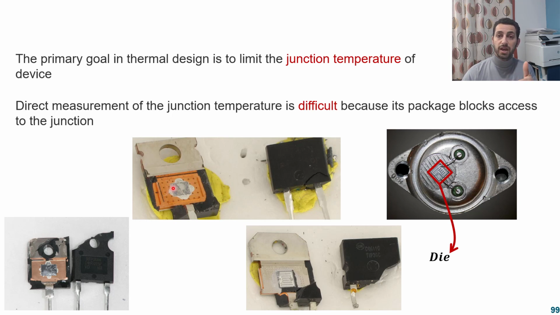And to do that, we have to know the characteristics of the thermal components between that junction and that case. So this is the goal, and we now have to understand how the heat transfers from this junction to the ambient. After that, we do our calculation and really understand what is required to make a proper design.